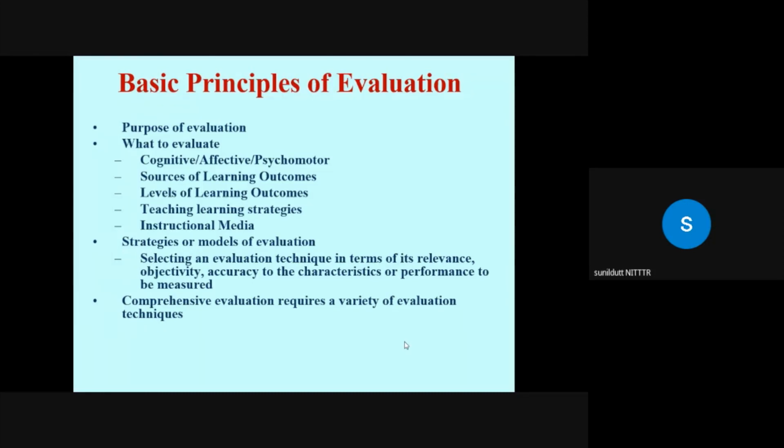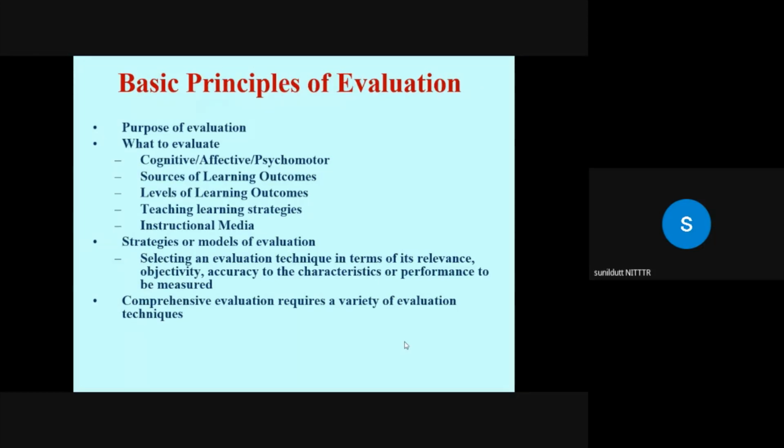There are self-report inventories, like interest, attitudes, learning styles. So these can be used for evaluating the concerned attribute, maybe an interest inventory for measuring interest, or a learning style questionnaire for identifying the learning style of the students.